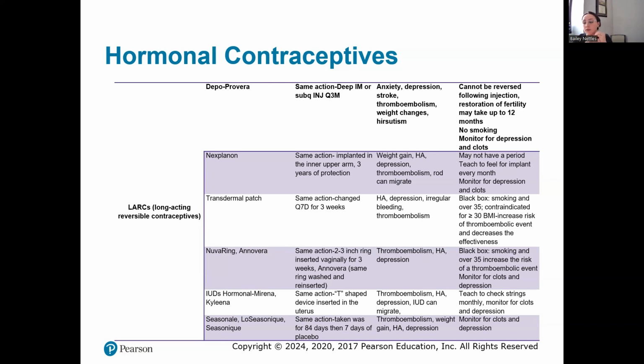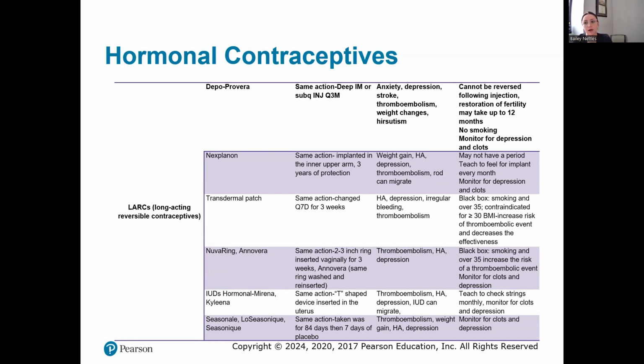The most important thing I feel like most women or people who are taking this kind of medication don't know is that it says it can take up to 12 months to restore fertility. And I know a lot of people who took this at young ages who have huge problems with infertility and they still haven't gotten it back.